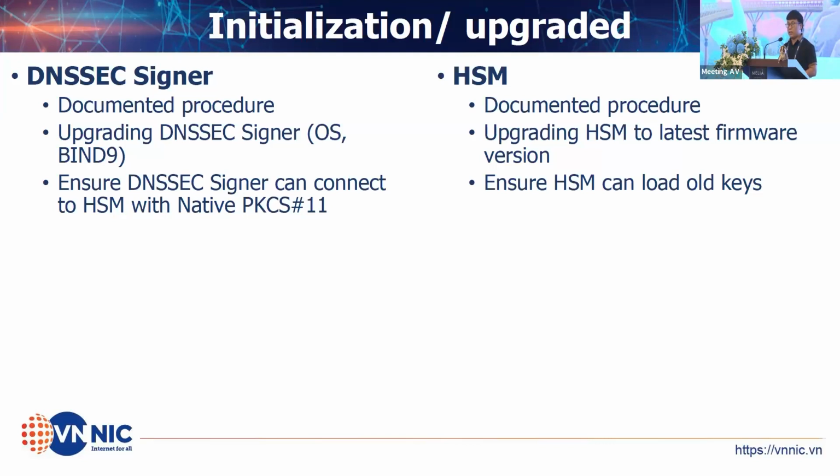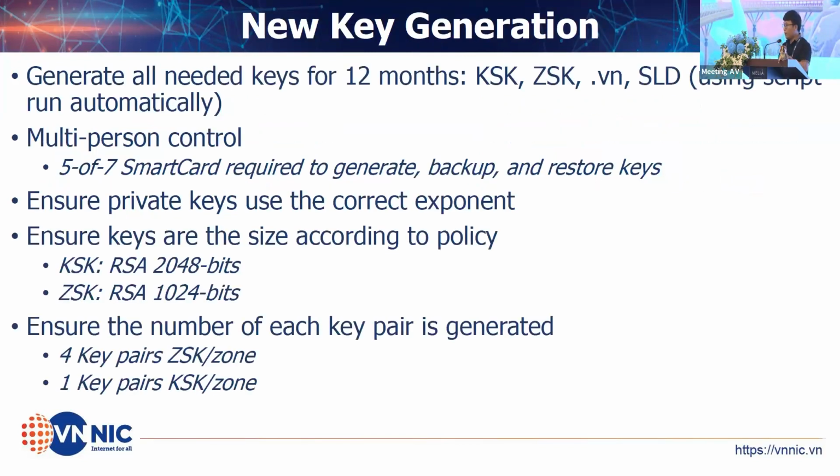because we still use it for the DNS signer, since we cannot remove or replace this key immediately. That is for the later DNS key rollover. And for the new key generation, we generate the alternate keys for the 1 year for the KSK and ZSK for .vn and second level domains.